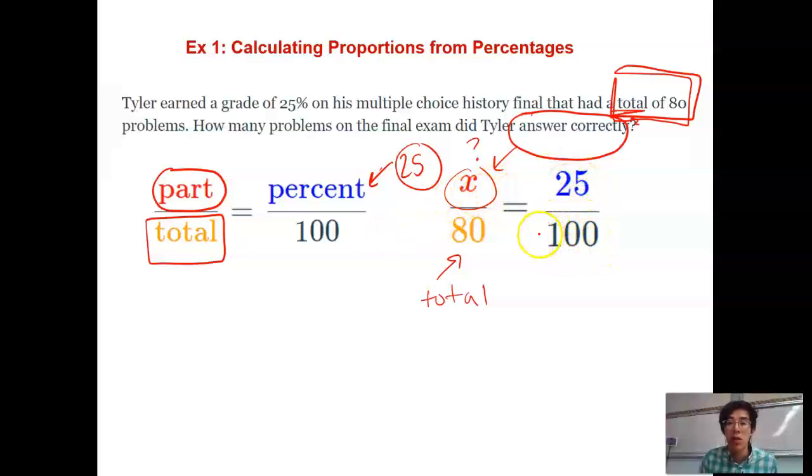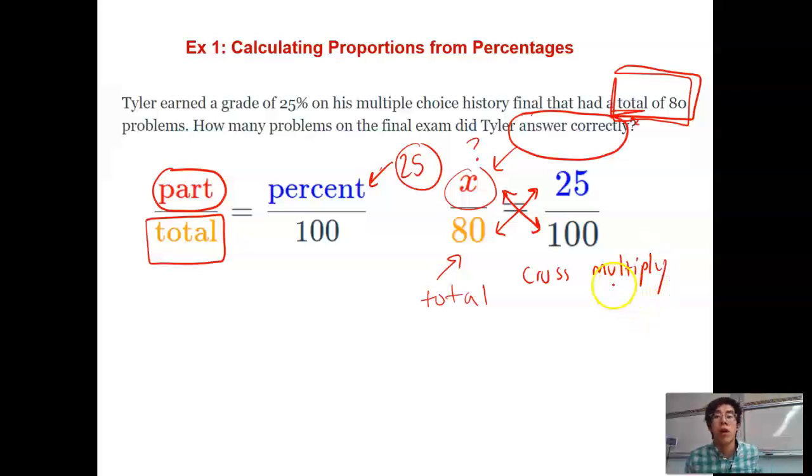So once again, I can use what I know about cross multiplication. These are going to cross multiply, and then these are going to cross multiply. Just like that.